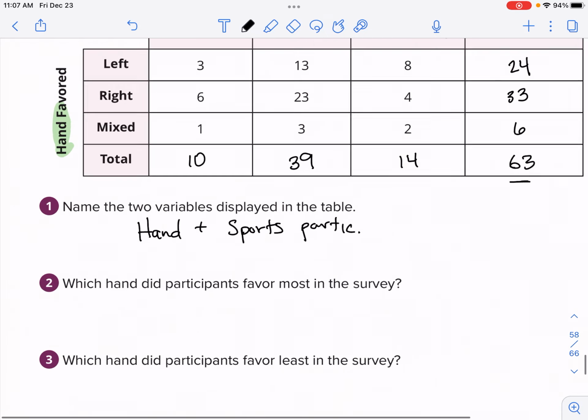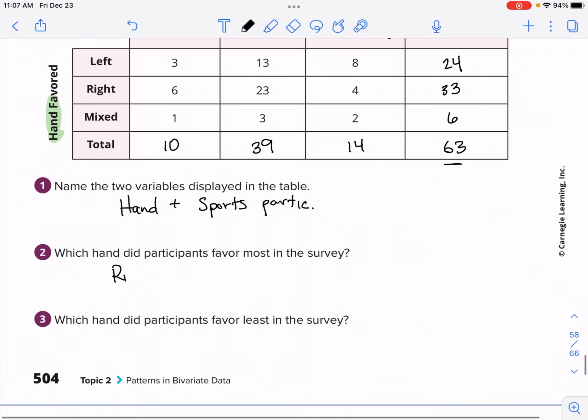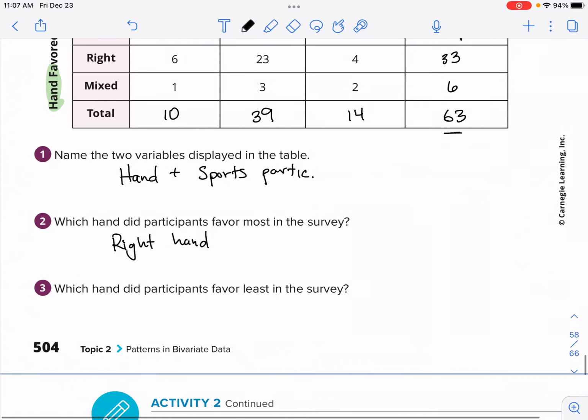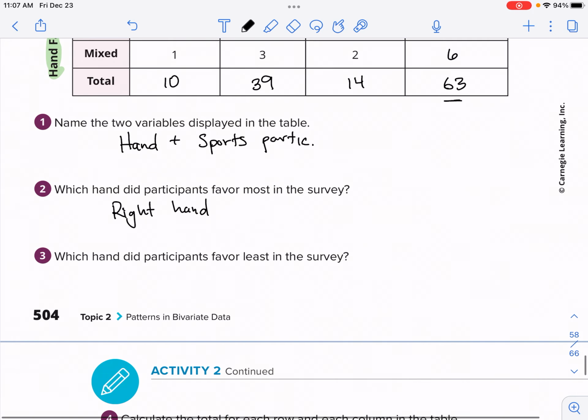It is 33, so it is right hand. Right, so we're looking at that total column. And which hand did participants favor the least? Out of those same ones, it is the lowest one, which is 6, and that was mixed. Right, mixed hand. We'll just put 6 in parentheses.